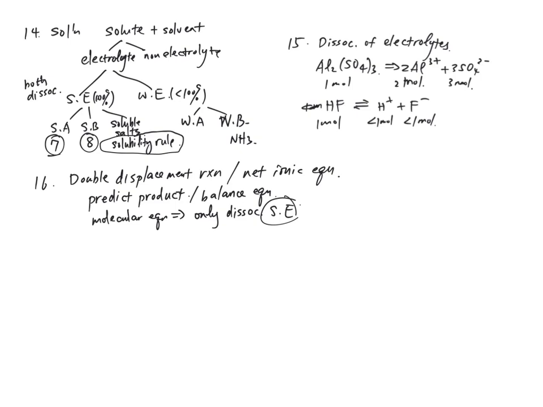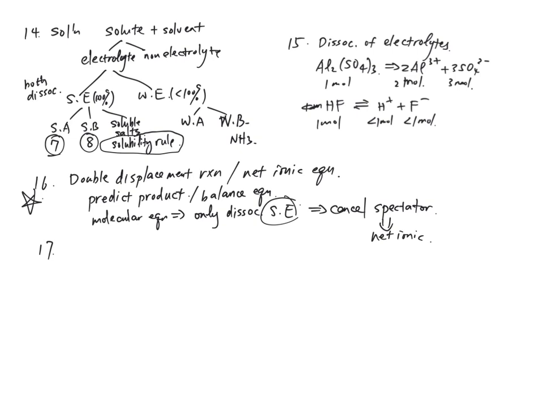Okay, and then cancel spectator ions to get your net ionic equation. Now, can you do these things and get the correct net ionic equation in that process? Pretty big topic there. It applies everything you learned conceptually about solution chemistry at that point.